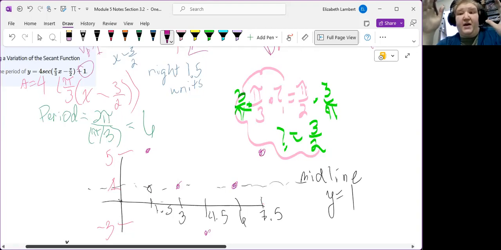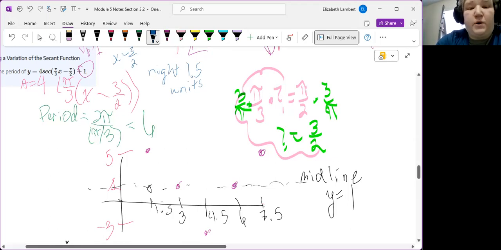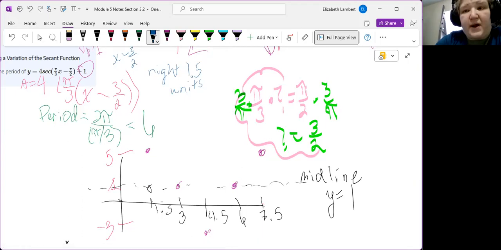So there's those 5 key points for the cosine graph. Now, wherever the 0 points were on the midline, that's where our asymptotes go. So it's not where would the cosine graph equal 0, because the period and the phase shift number in there are going to mess with that.